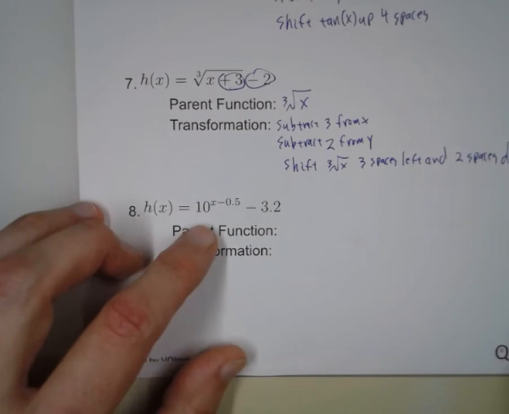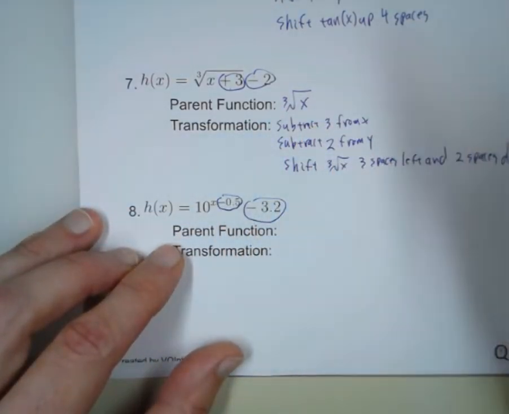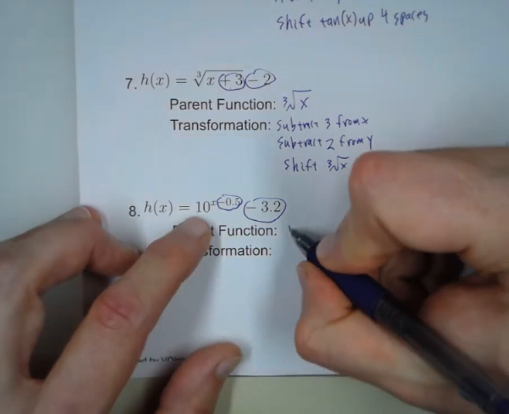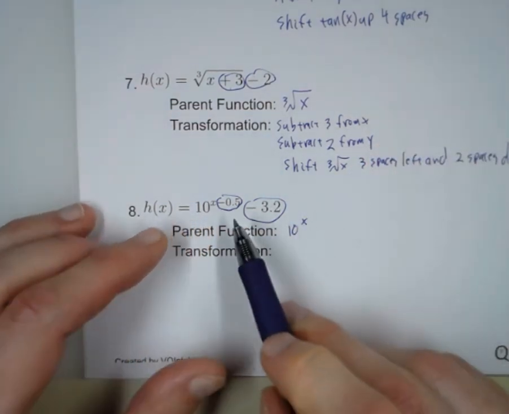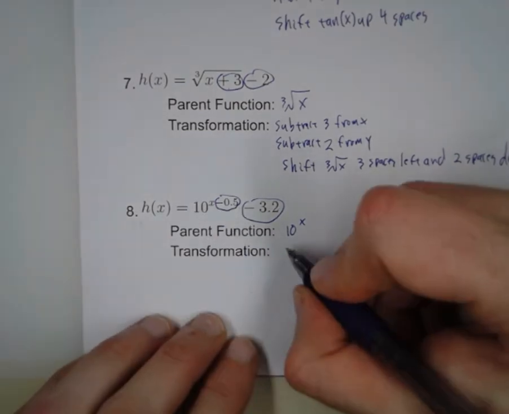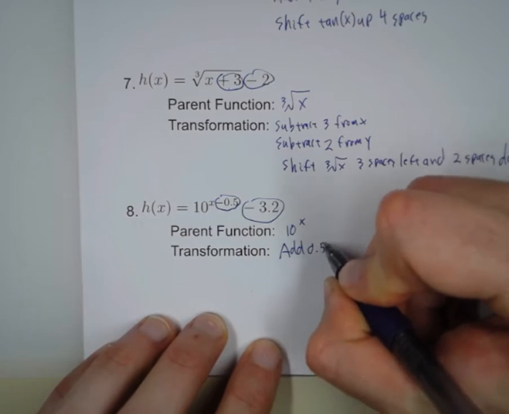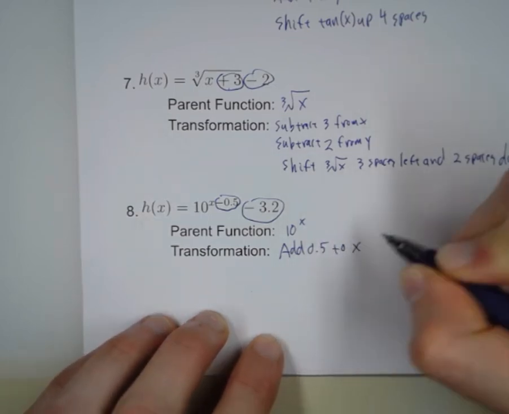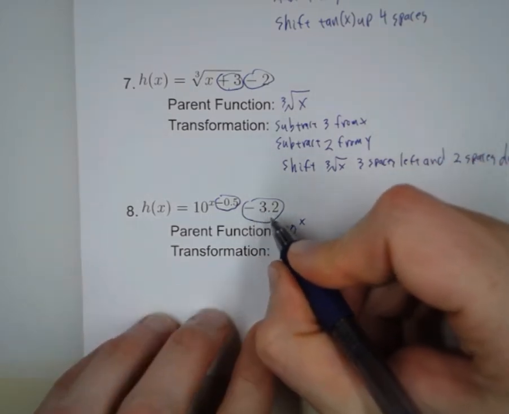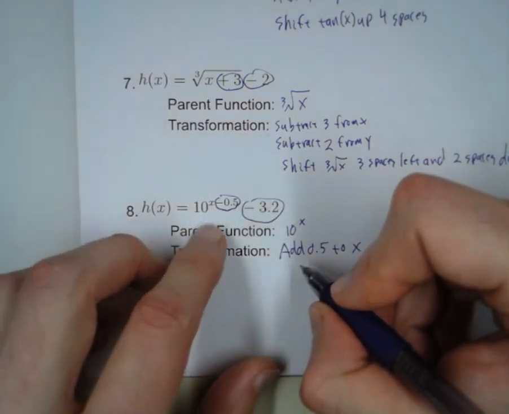Now over here I have subtracting 0.5 and I'm subtracting 3.2. Well, what's left? 10 to the x power. Now here I'm subtracting 0.5 before I raise 10 to that number. So that means I'm going to add 0.5 to x. And the minus 3.2 happens after I raise 10 to that number.